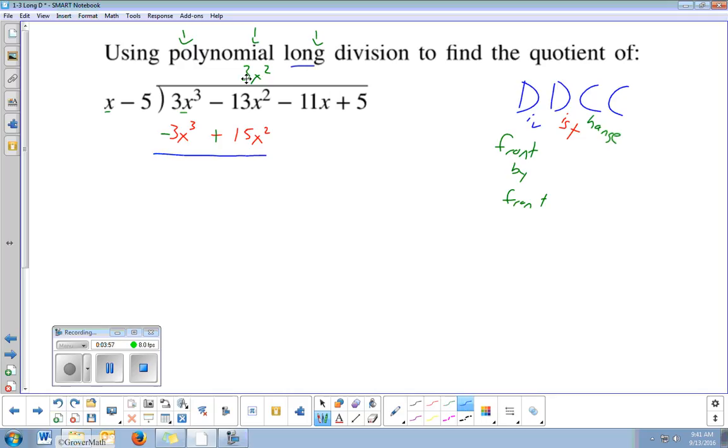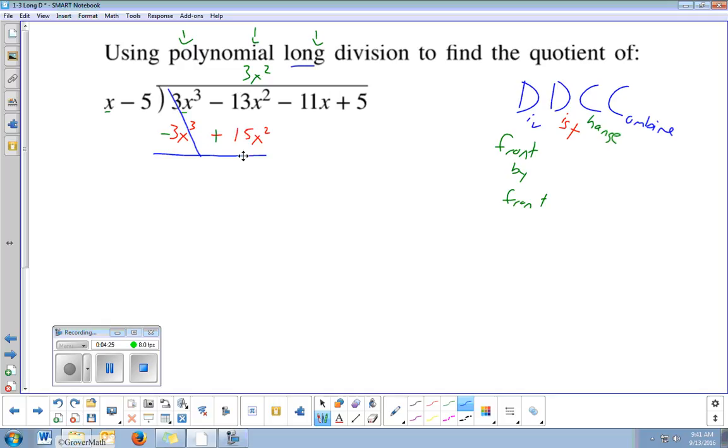I divide to get this, I distributed it to get what I had in red, then I changed its signs. And then the last step was to combine. In that process, these cancel out because I divided and distributed to get an exact copy, but then when I change the signs, they're additive inverses, so they cancel out, and that should always happen. If that first piece does not cancel out, something's wrong.